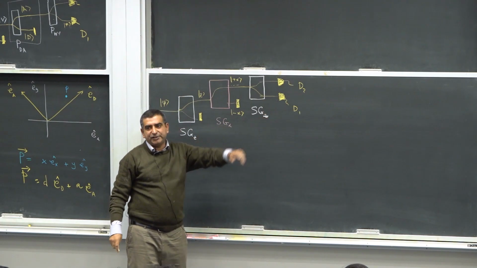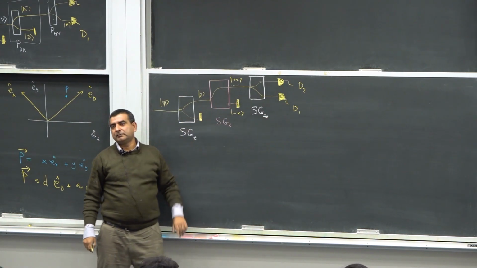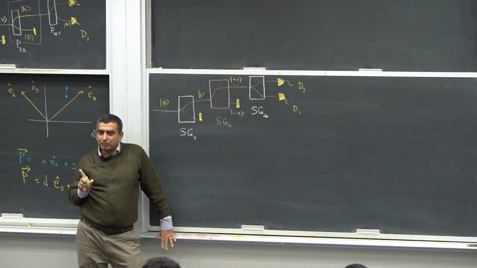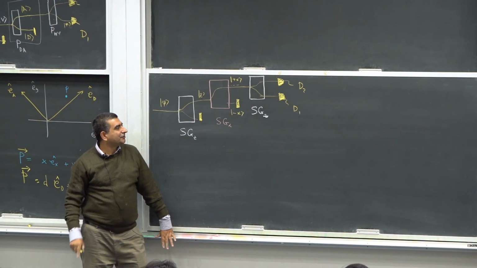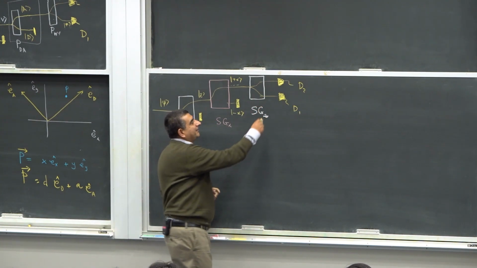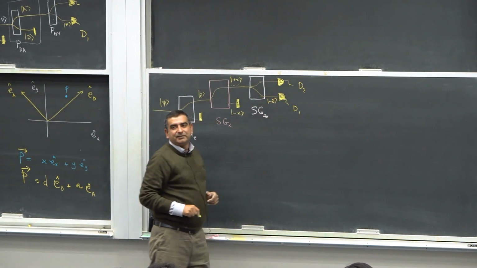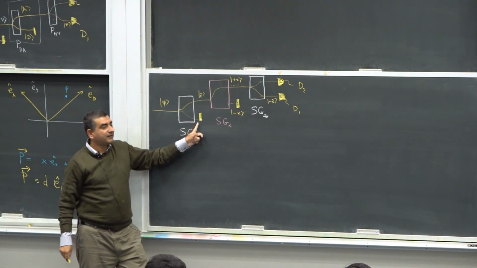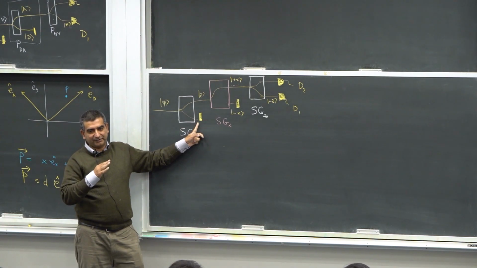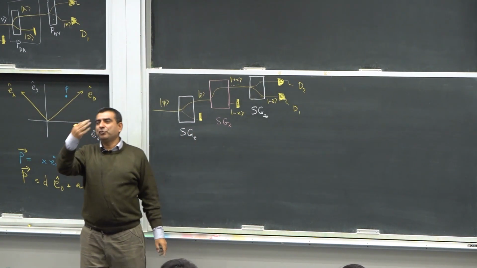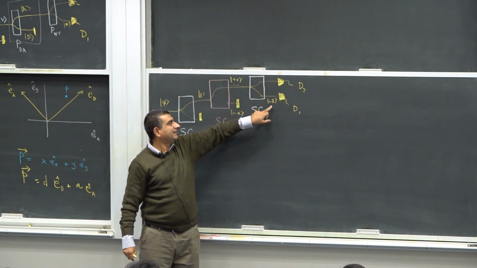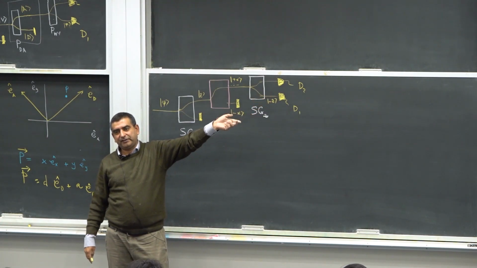What's the probability that each of these detectors is going to click? 1/2 each. All right, 1/2 each. Which means that in some cases I will get a ket minus z electron spin, even though I have blocked all minus z spins earlier, because this box is now creating a new quantum state, ket plus x, and ket plus x has in fact an equal superposition of ket z and minus z.